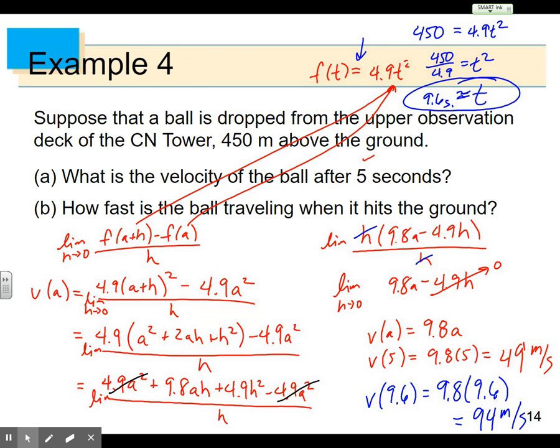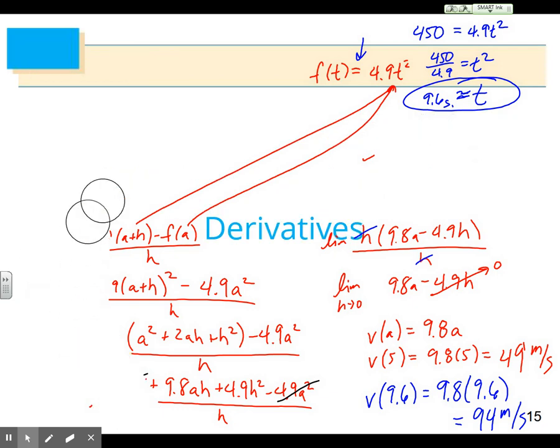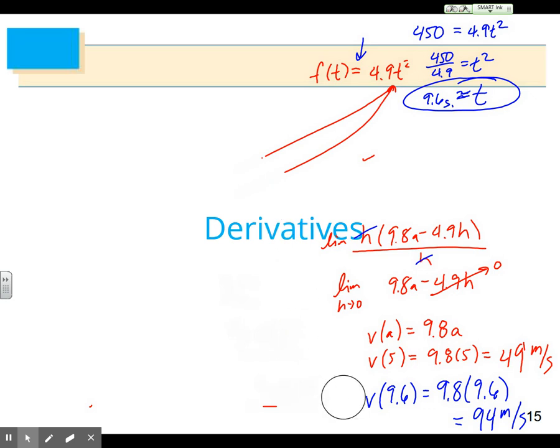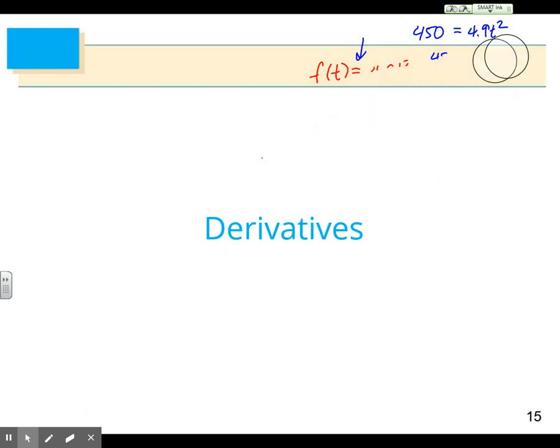So whether we're talking about this instantaneous velocity or the slope of a tangent line, it all fits under this big idea in calculus that I finally get to say. I've been wanting to say it all video. They're all called derivatives. This whole idea of taking the limit as h approaches 0 of f of a plus h minus f of a all over h, whether I'm doing instantaneous velocity or the slope of a tangent line, is called the derivative.